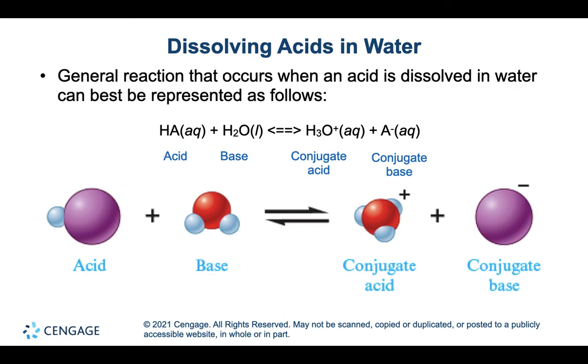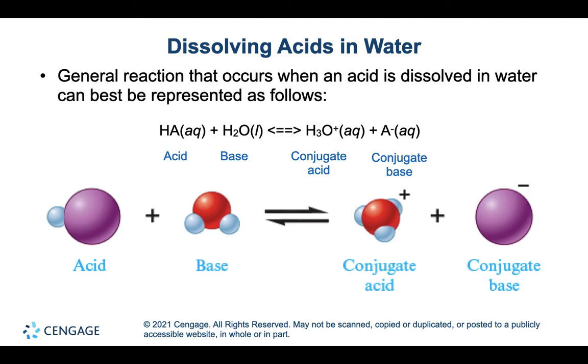So in general, let's just look at the generic acid dissolving in water reaction. I know we looked specifically at HCl, but a typical acid we could call HA, and the A could be Cl minus, it could be NO3 minus if it's nitric acid.